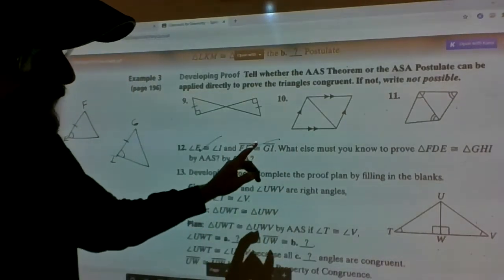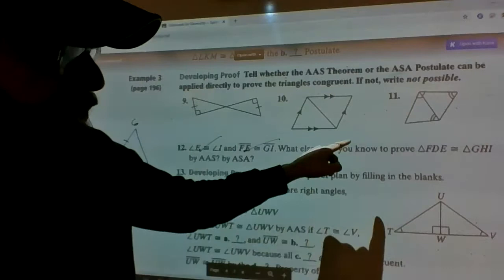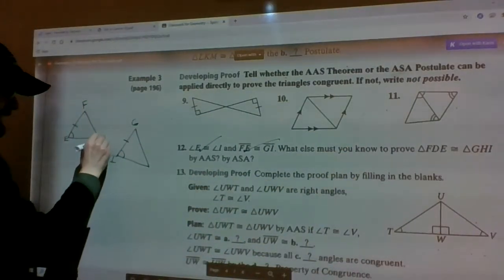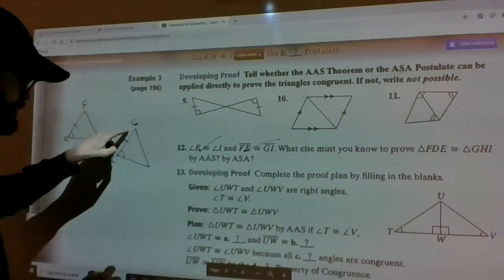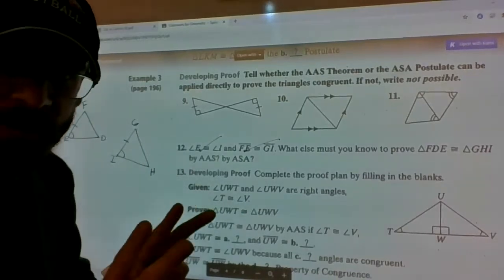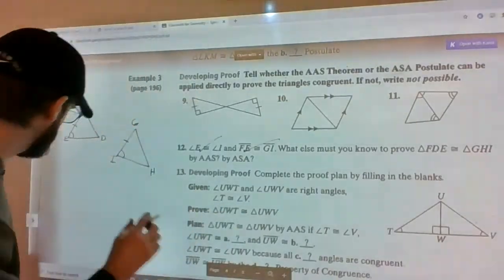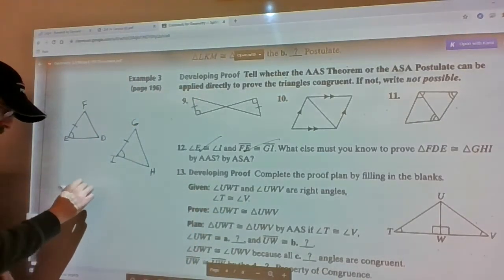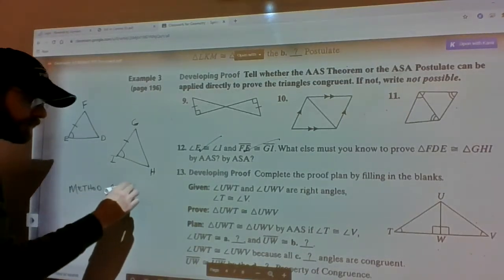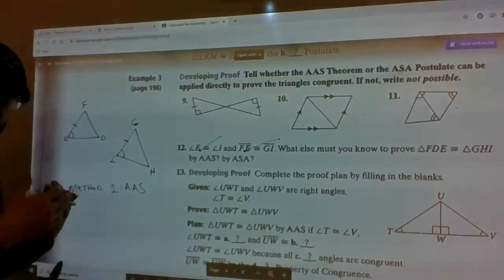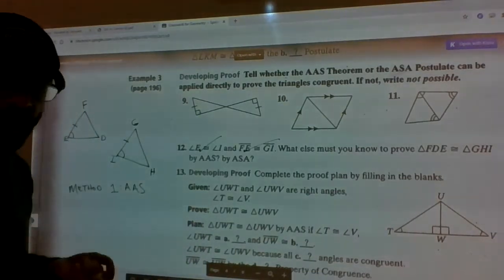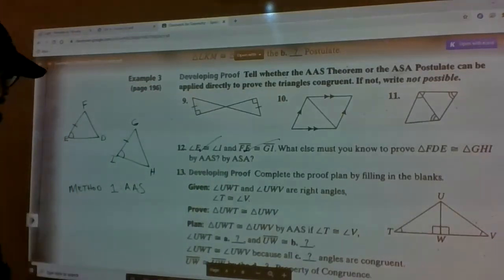Now this is an interesting question. What else must you know to prove that FDE is congruent to GHI by two different methods? So method one. Angle, angle, side. What information do we need in order to show that angle, angle, side would prove these two triangles are congruent?